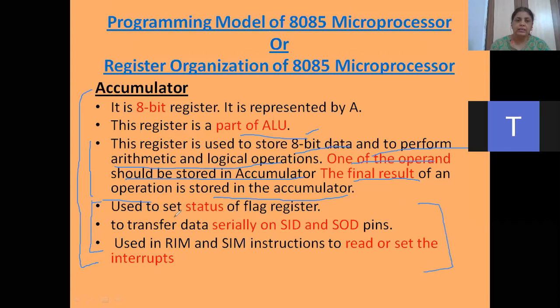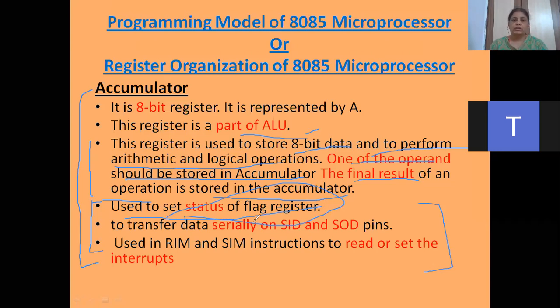I am just reading here that it is used to set the status of the flag register. Our next topic is the flag register only, PSW, next to the accumulator. So it is used to set the status of the flag register. Why?